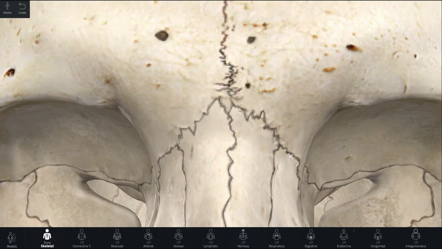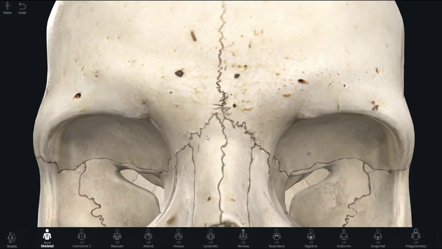Can you make it out? Is it too magnified? This suture is between the nasal part of the frontal bone, also called the nasal notch of the frontal bone, and the nasal bone.